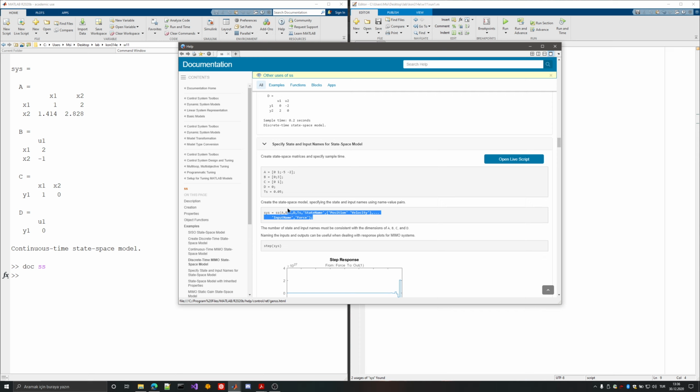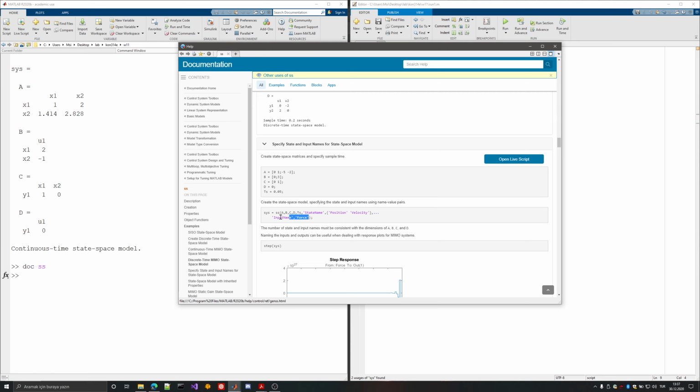The reason for this being handy is that most of the time you will use some Newton law or some physics to model your system. Then obviously you will have position or velocity as states, or it can be anything, but states will have a representation or meaning in the real world, so you can keep track of which signal was what.